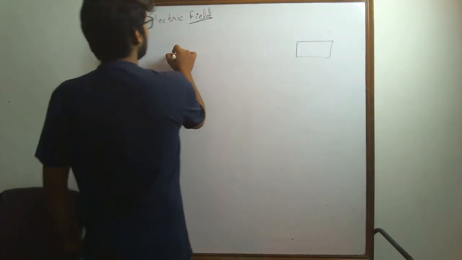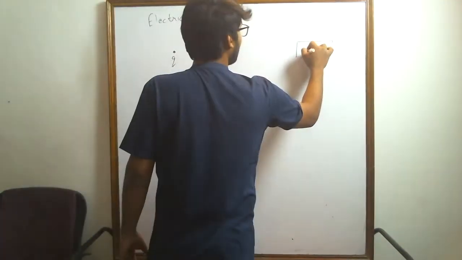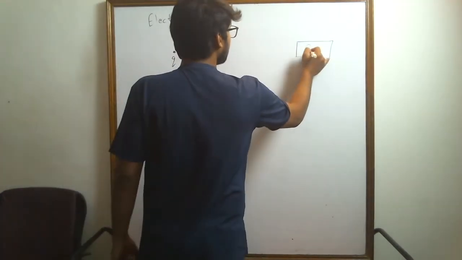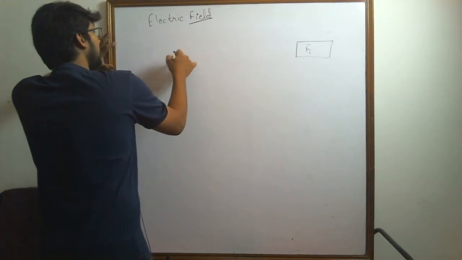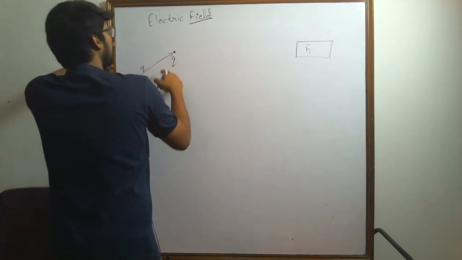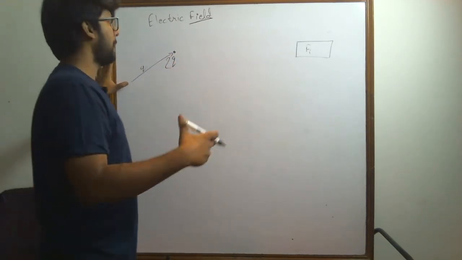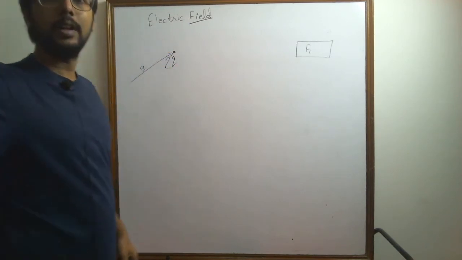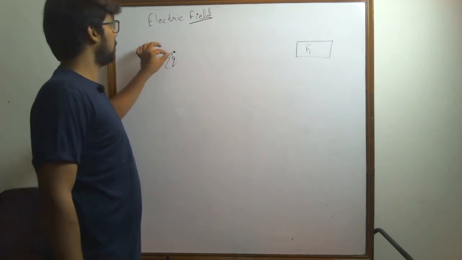So right now this Q is applying a force F initially. Let's call it Fi, right? Now when I change this, or when I add another Q to this, it becomes 2Q. Okay, it might seem abstract, but I can add another charge at the exact same point, and I will have 2Q over here.